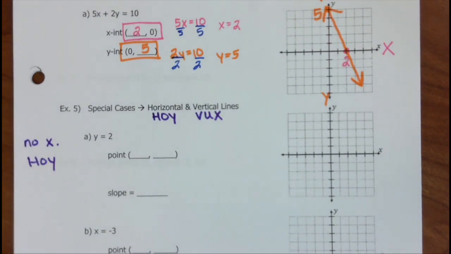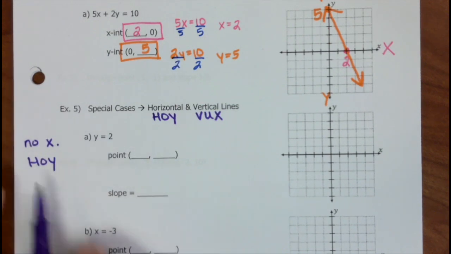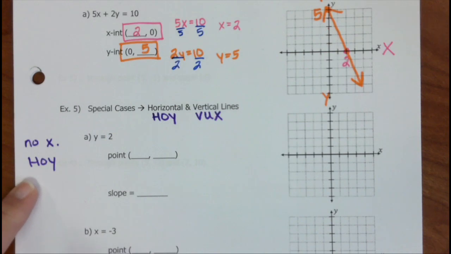And remember, HOY stands for horizontal, 0 slope, so it's telling you the slope. And then the y says it has a y-intercept, and it's equal to, there's no x, it's equal to that. And so all the y values are 2, is what this says, okay? So you can tell everything about that line.